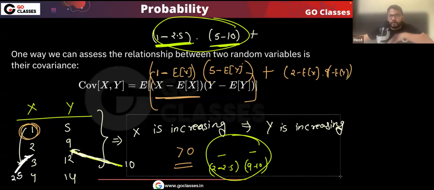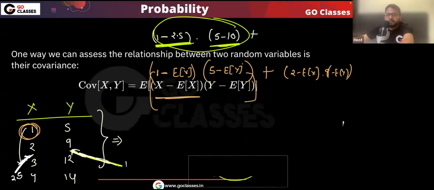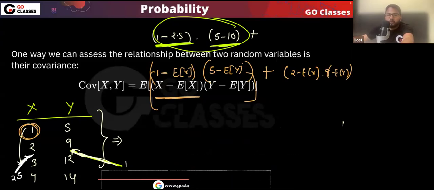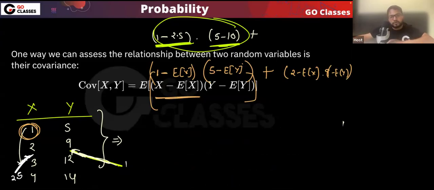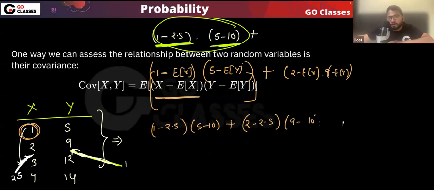Should I write it out? The first term is 1 minus 2.5, which is the average, into 5 minus 10. Plus the second term, 2 minus average, 2.5, into 9 minus average, which is 10.